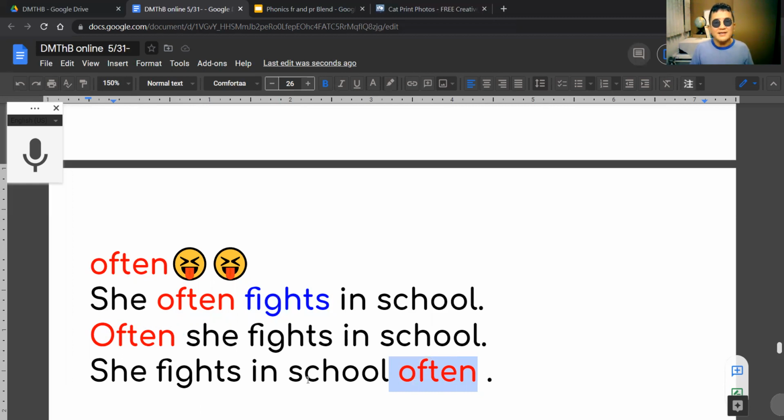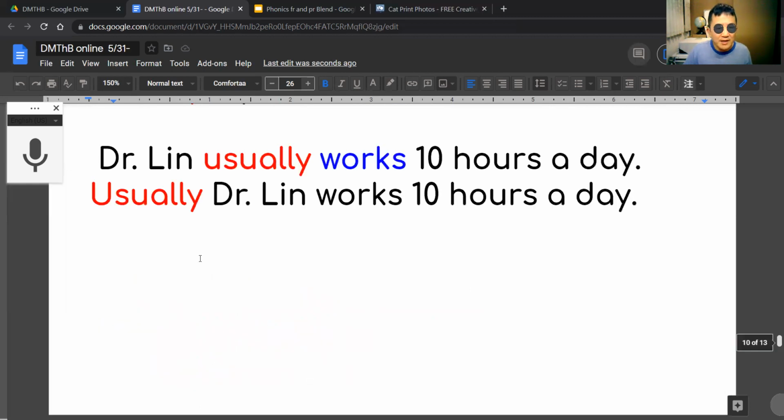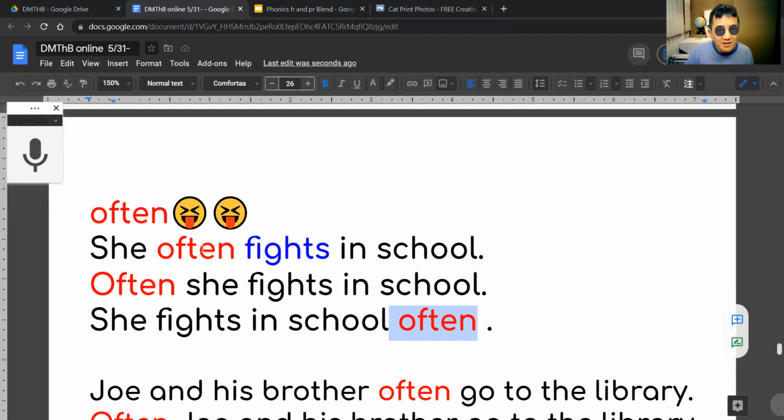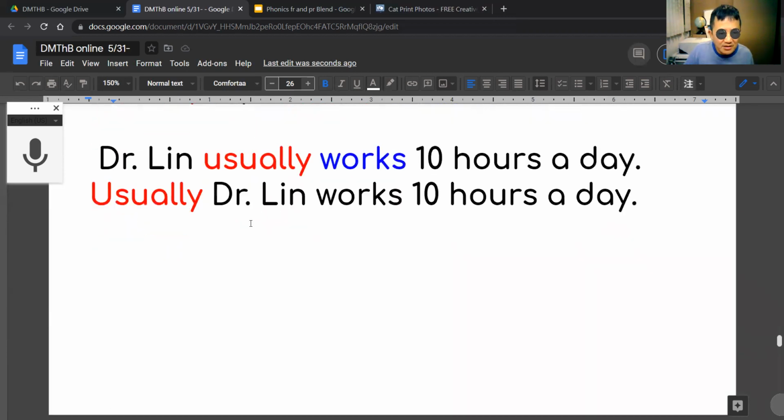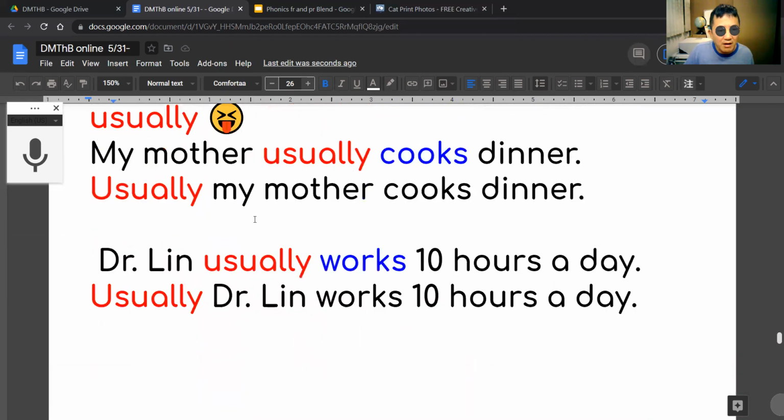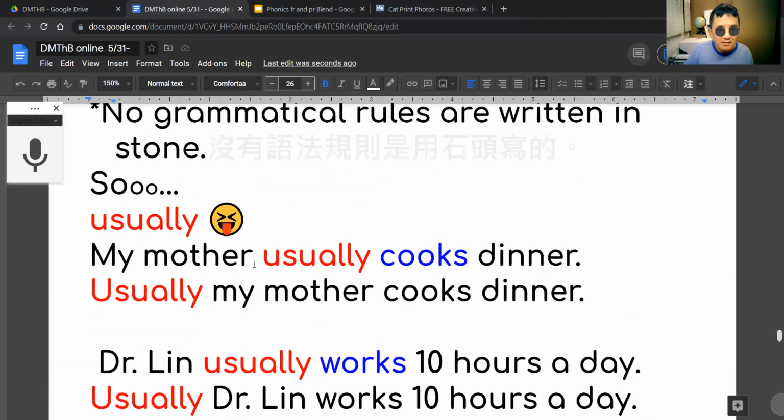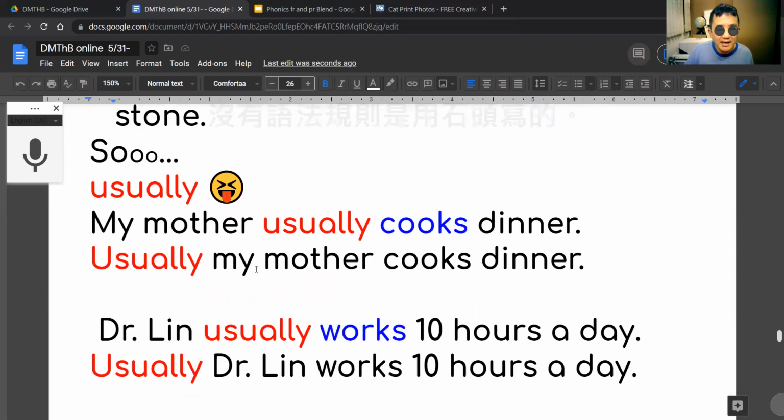So often is a doubly naughty word compared to usually. Usually moves itself to the beginning, often moves itself to the beginning and the end of the sentence. Okay, so it's a doubly naughty word, often. So these are two exceptions for the placement of the words usually and often.